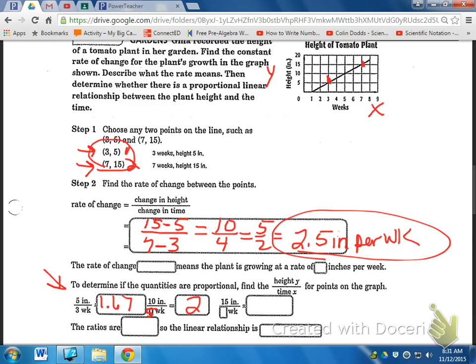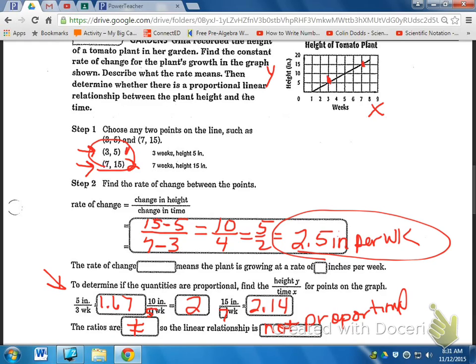The first one was 1.67, and then the 15 inches hit how many? 7. And that actually is 2.14 inches per week. So since the ratios are not equal, the relationship is not proportional.